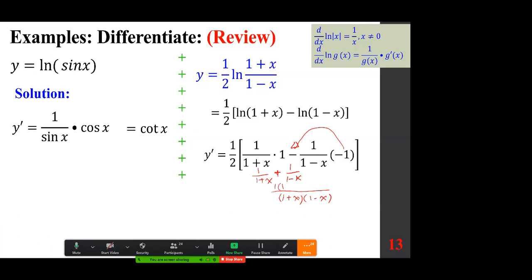So I get 1 times 1 minus x plus 1 times 1 plus x. I hope you see that the numerator changes to 2. And this number 2 and this number 1/2 cancel each other. The numerator changes to 1. The denominator is 1 minus x squared.